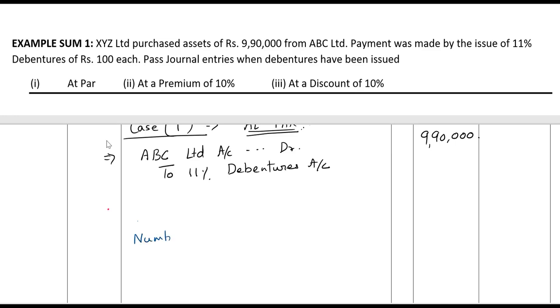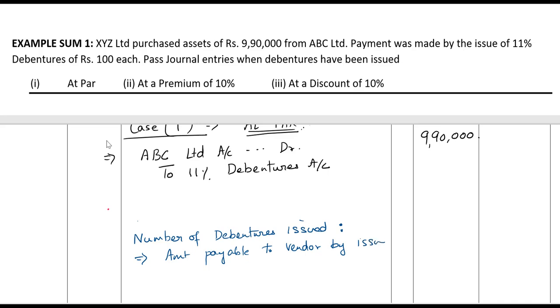Number of debentures issued is equal to the amount payable to the vendor by issuing debentures, divided by the issue price per debenture.